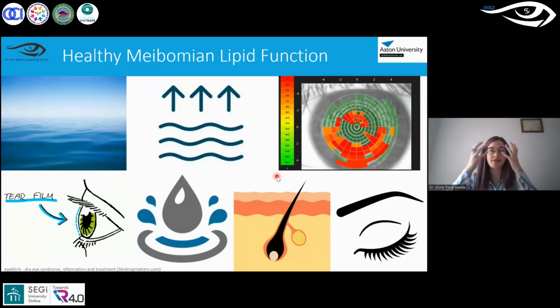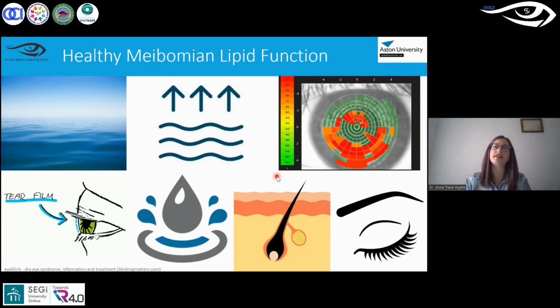Also, having the oils, the meibum, spread on top of the surface of the eye, the lipid layer thickness, prevents the rest of the tear not only from evaporating, but also from spilling over. The other thing that is quite good about meibum is that it's antibacterial, and it helps avoid contamination of that tear film.